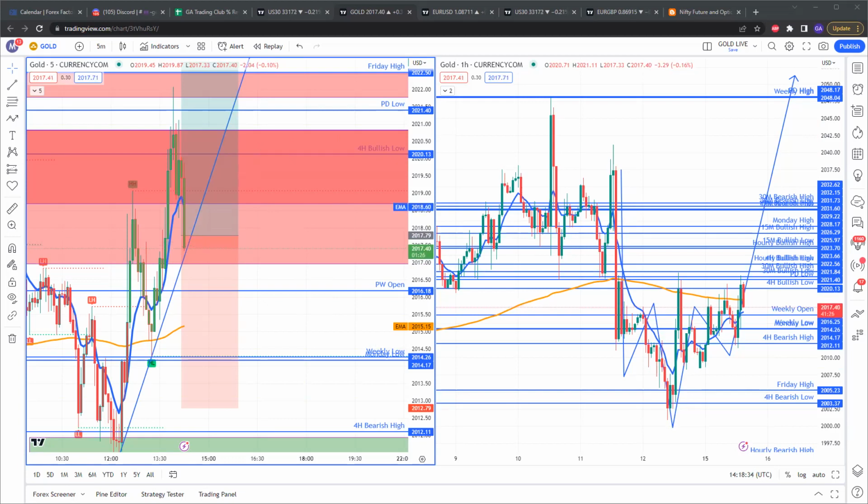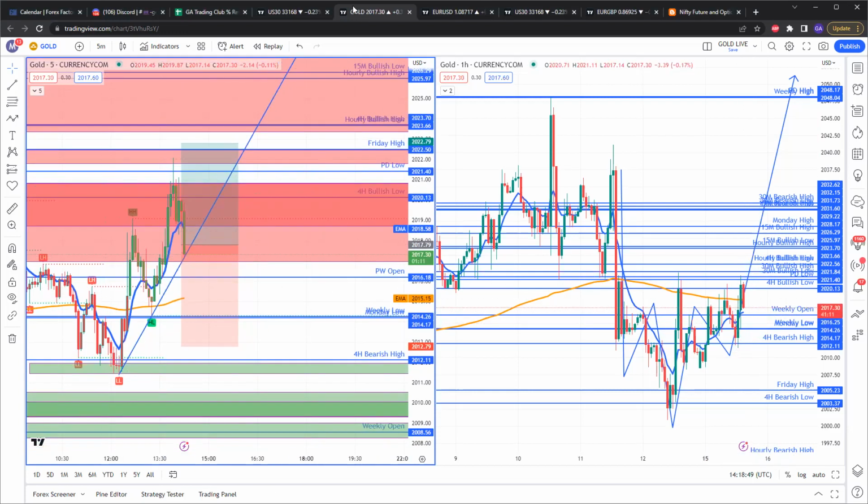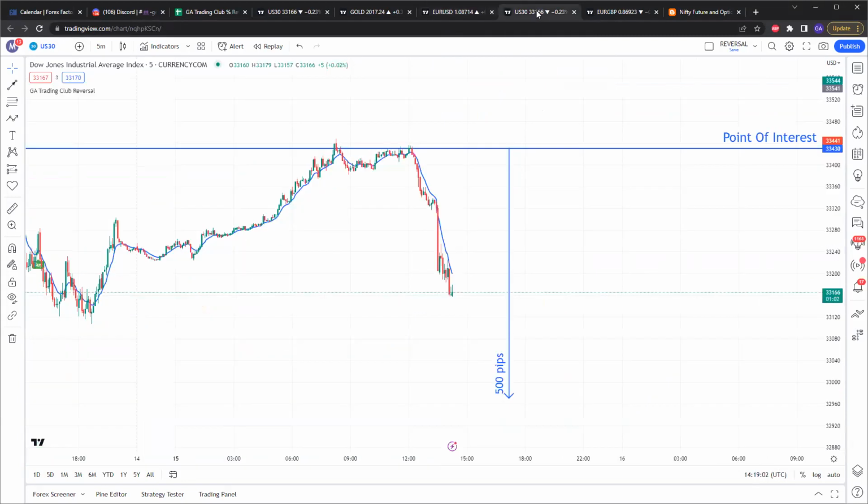My TP is, what's plus 5 of that, 2023-07. Okay, perfect. So I'm in that trade. Whatever happens, happens. If it hits TP, it does; if it hits stop loss, then it hits stop loss. But the trade did make sense. GU. And again, do not over leverage. Do not over leverage for any trade.